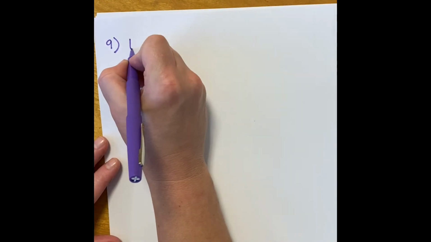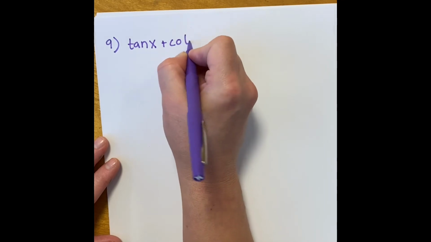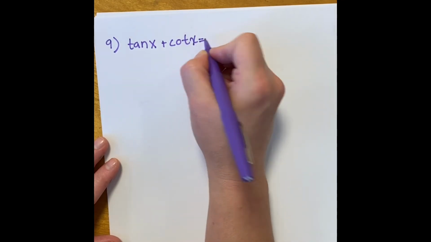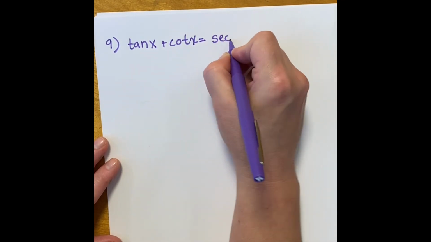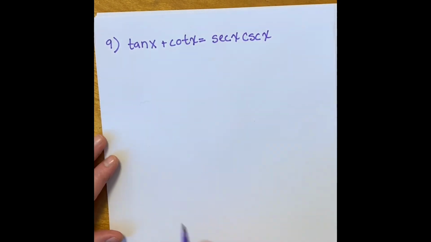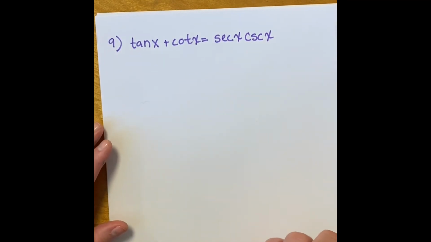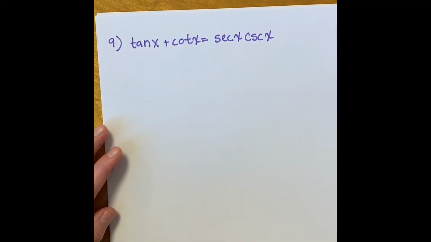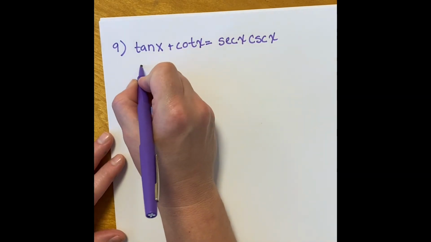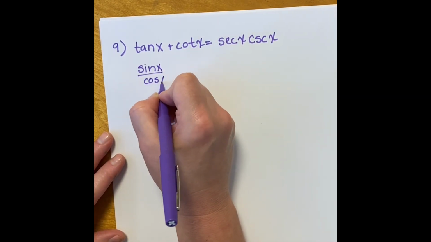Let's do the tangent of x plus the cotangent of x equals the secant of x times the cosecant of x. All right, remember that one helpful strategy where you turn things to sine and cosine? Let's do that right now. So I know tangent is just sine of x over the cosine of x.